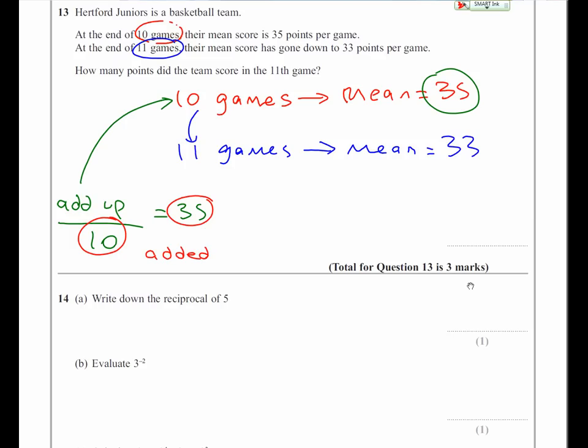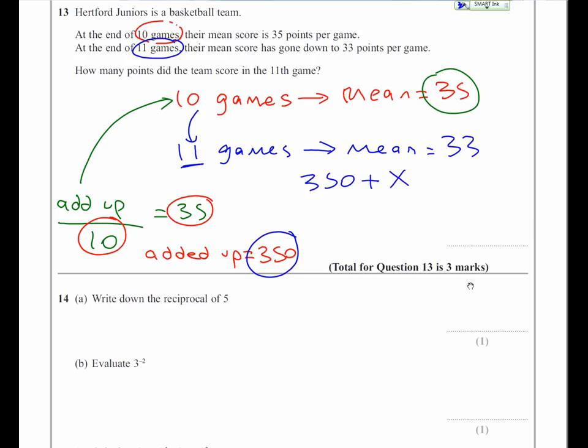So the added up value is 350 for the first 10 games. Then what we did was we added on another number, however many we got for the next game. Let's call this number x. We might as well do a bit of algebra.